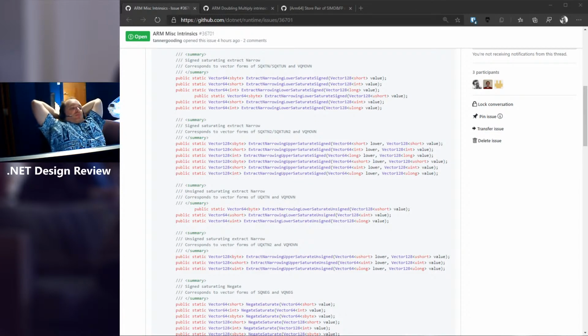What was the conclusion here? Take the upper and lower keyword that's in the middle of the API and move it to the very end.